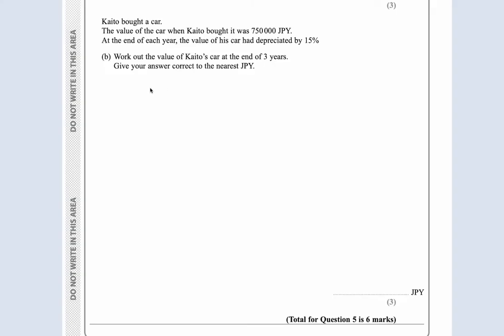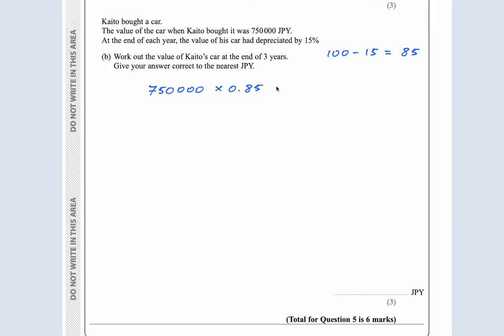Okay, so this is now percentage decrease. So instead of multiplying by 1 point something, I'm actually going to subtract 15. So I'm going to do 100 minus 15. 100% minus 15% is 85%. But as a decimal, that's 0.85. So I'm going to multiply it by 0.85.